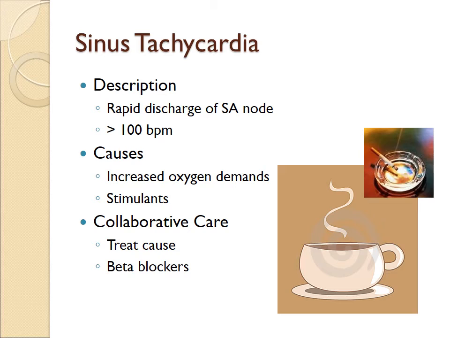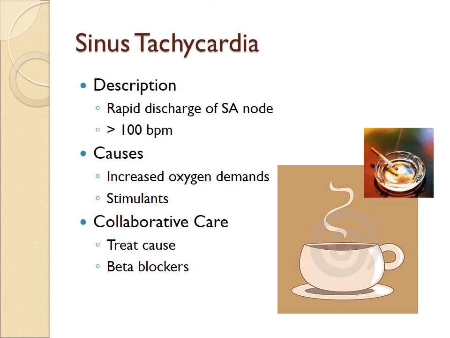Sinus tachycardia can be just a normal cardiac response to demands for increased oxygen. This can happen during pain, fever, stress, dehydration, and exercise. It's totally normal when we start exercising for our heart rate to increase because it needs more oxygen.